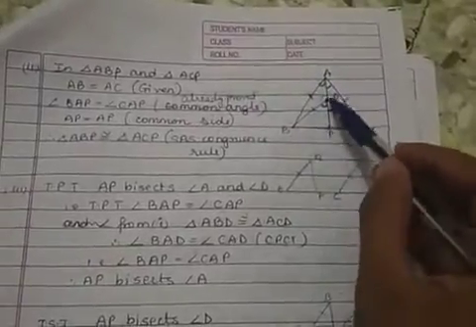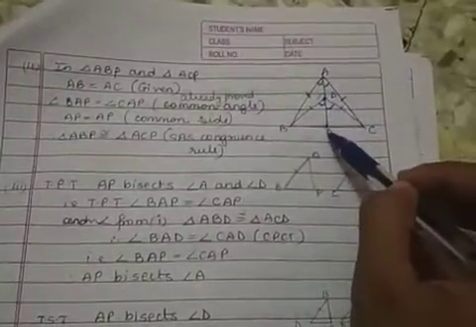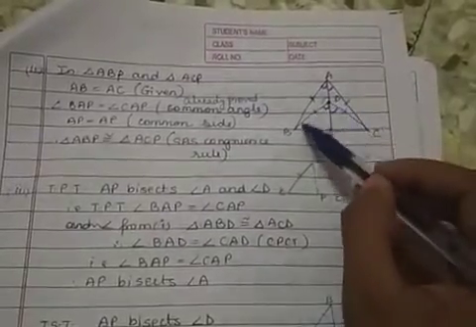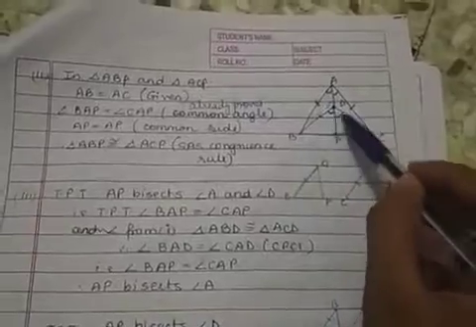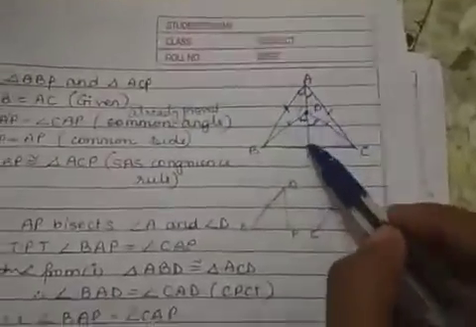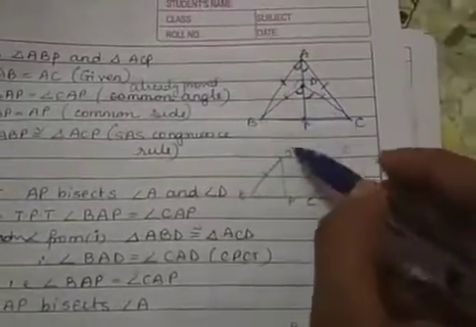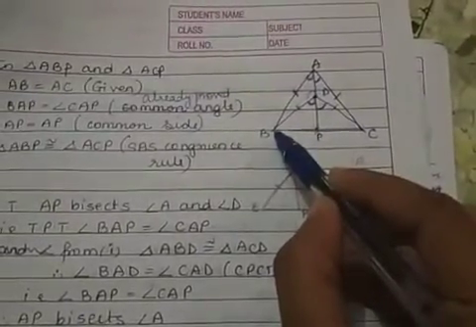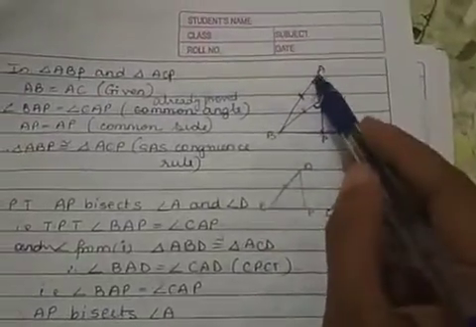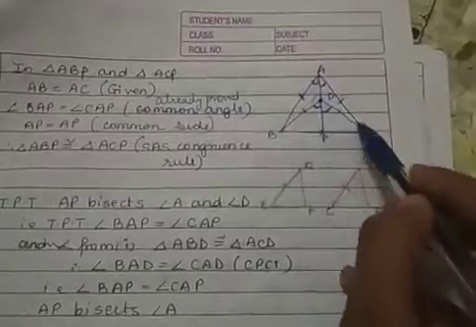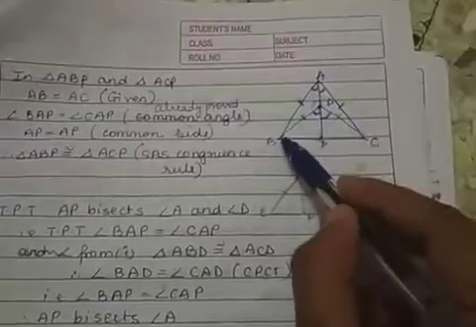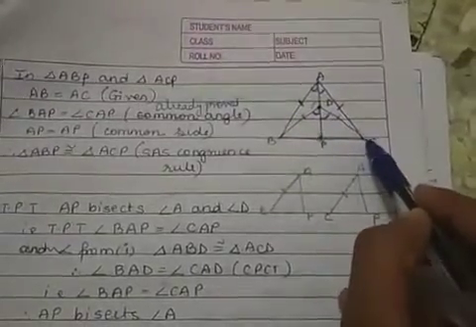So in triangle BDP and triangle CDP, we have here BD is equal to CD, correct? Because it is given that this triangle is an isosceles triangle. Now DP is equal to DP because it is a common side. Then we have here BP is equal to CP. What is the reason? Because we have proved that these two triangles are congruent, correct? So if these two triangles are congruent, then this side will be equal to this side by CPCT.